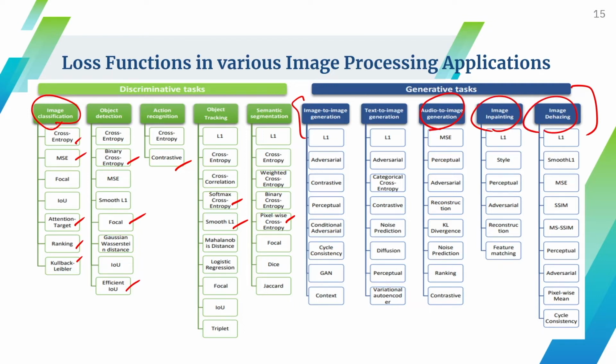So, out of these, adversarial and contrastive come under image to image generation, and here you can have the categorical cross entropy or perceptual loss in case of text to image generation, or you can even go for the reconstruction loss function when it is between audio to image, and you can even go for style or feature matching methods in case of image inpainting. In case of image enhancing, you can go for smooth L1 or adversarial. So, these are the different loss functions which are applied to various functions.